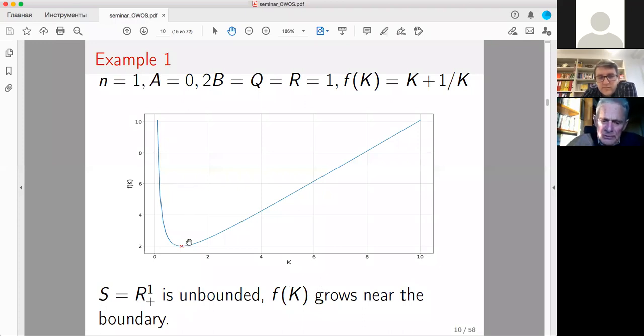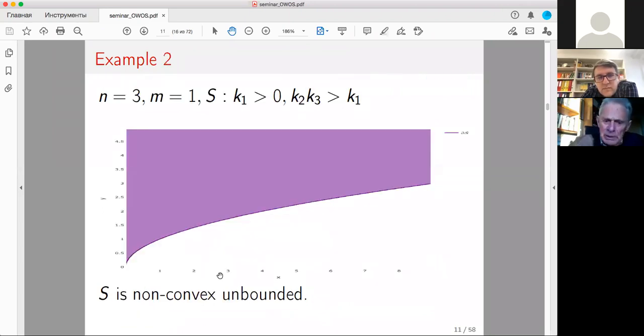And f of k grows dramatically near the boundary of this set. Okay, next example, well, it's a three-dimensional state, one-dimensional control. And again, in this case we see that the domain of our function is non-convex.